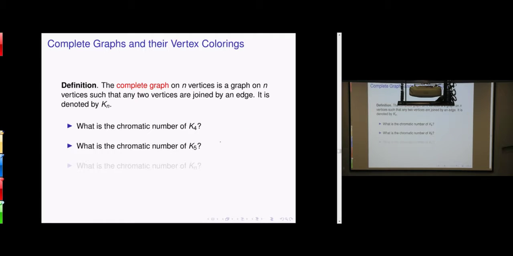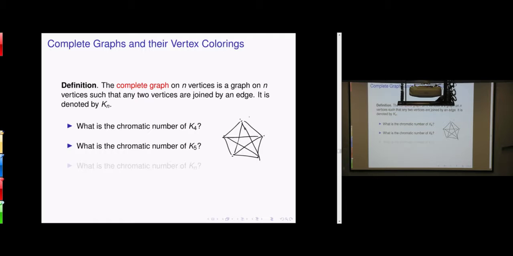Now what is the chromatic number of K5? Should we draw a K5? I have 5 vertices, so I have to connect every one of them. So this is K5. Now, no prize for guessing the chromatic number: 5, right?